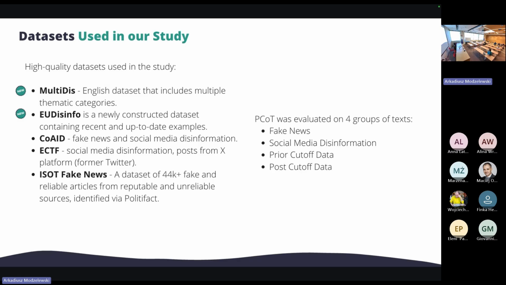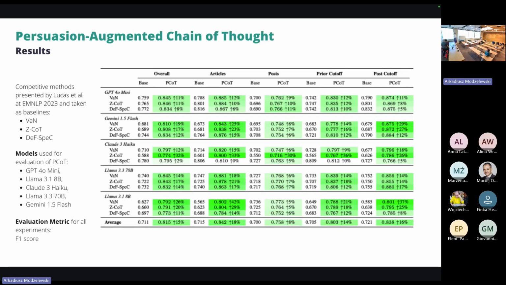So I've done experiments on 2 datasets, MultiDisEU and EU Disinfo, which included articles that for sure were not included in the training dataset of any tested large language models, because there was a certain knowledge cutoff of these language models. And our articles were more up to date.